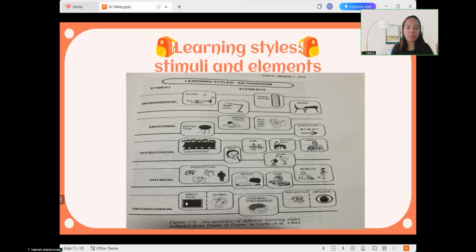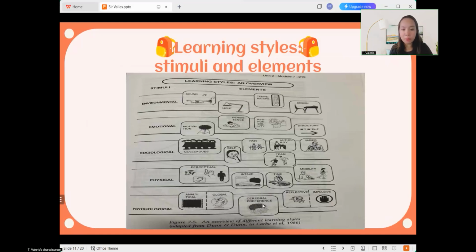Let's have the psychological. There are two psychological learners. They can be categorized into two. We have analytical learners and global learners. Later, we're going to discuss these two thoroughly.